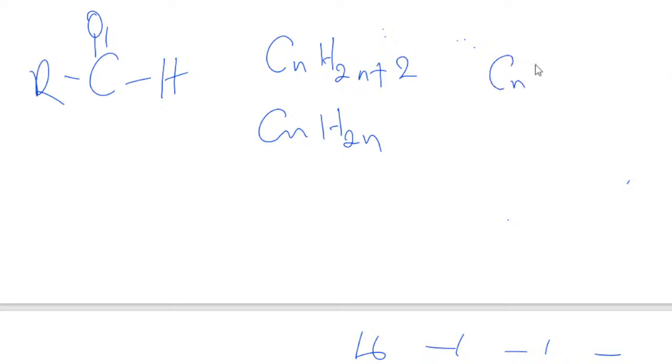Then CnH2n-2 becomes an alkyne. So you start with the 2, then you don't talk about the 2, then you minus the 2. Basically, that's how you can remember that structure.